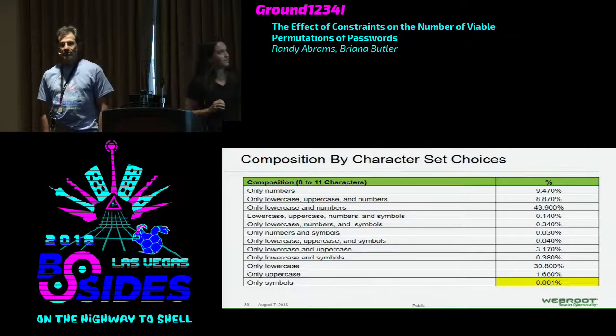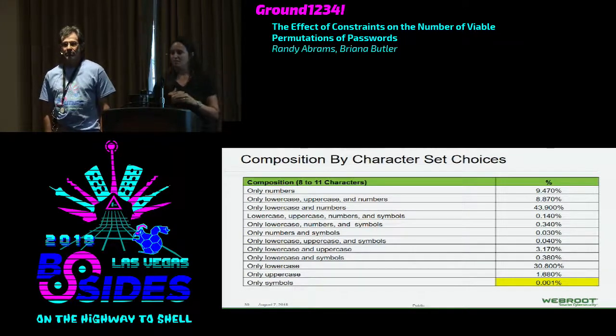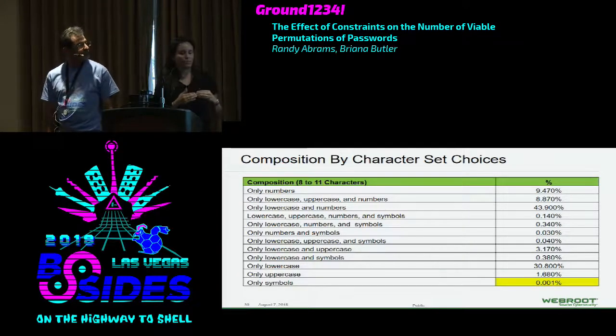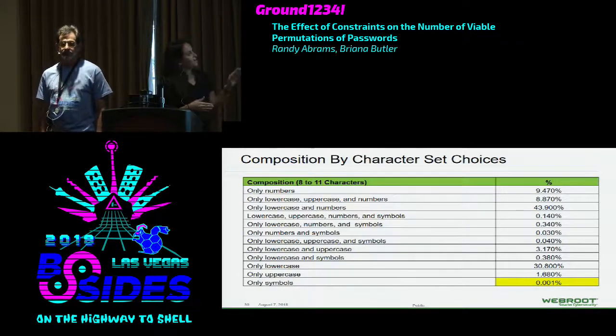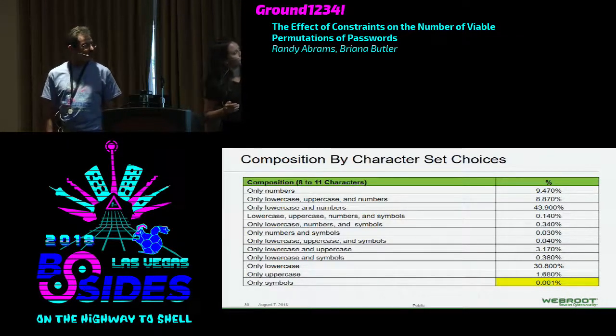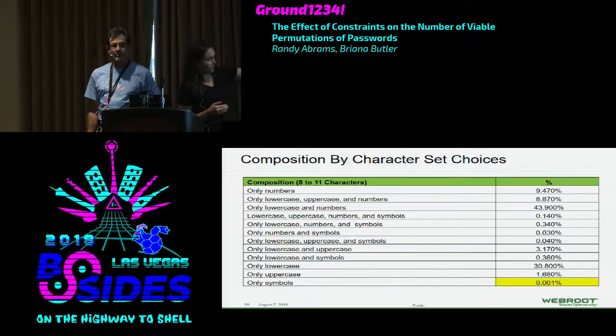Now I know 3 consecutive slides on entropy might decrease the entropy of a slide deck, but to really drive home the point that humans make low entropy passwords, we looked at the composition of 8 to 11 character passwords. As you can see here, about 44% are composed of just lowercase and numbers, and 31% are composed of just lowercase.